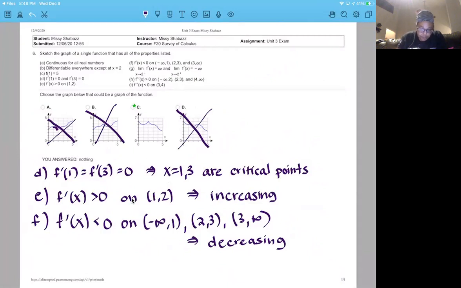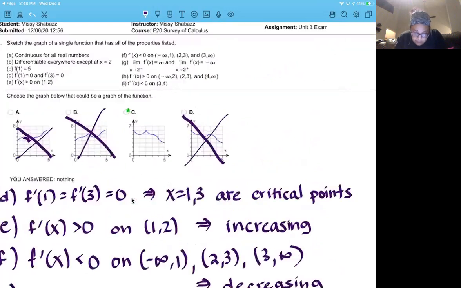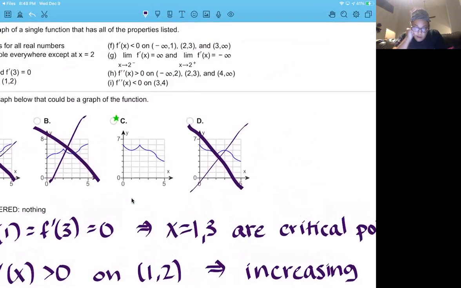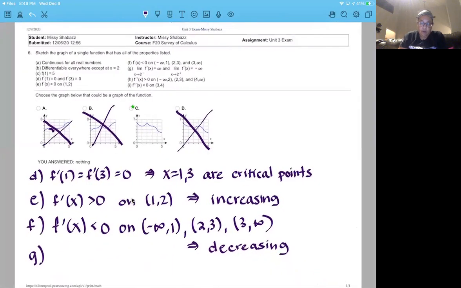On part G, it says the limit of f prime of x as x goes to 2 from the left equals infinity. The limit as x goes to 2 from the right of f prime of x goes to negative infinity.